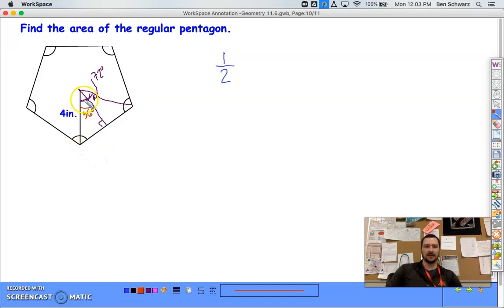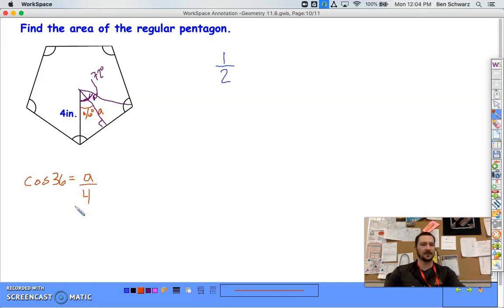So we have this angle here, and we have this side. We want to find the apothem. So we have the hypotenuse and the adjacent side, so that's cosine. We're going to have to do cosine 36 equals adjacent, let's call it A, over 4.